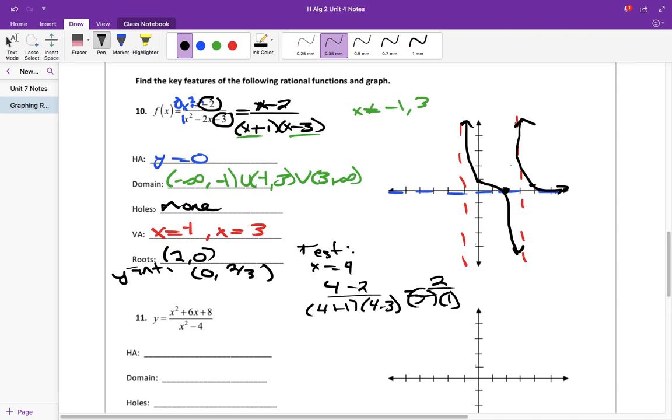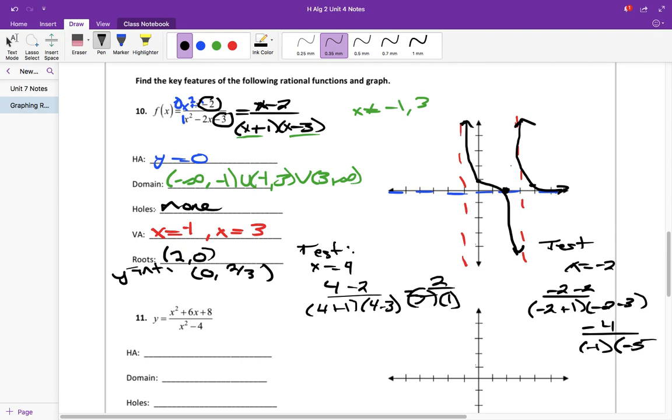And then I've got one more test point to look at. For this next one, I need to test a point to the left of this vertical asymptote. So let's test x equals -2. At -2, you're going to have -2 minus 2 over -2 plus 1 multiplied by -2 minus 3, which becomes -4 over -1 multiplied by -5.